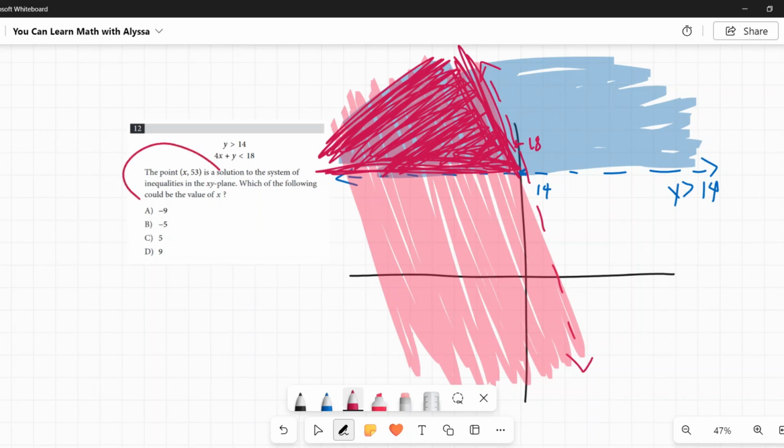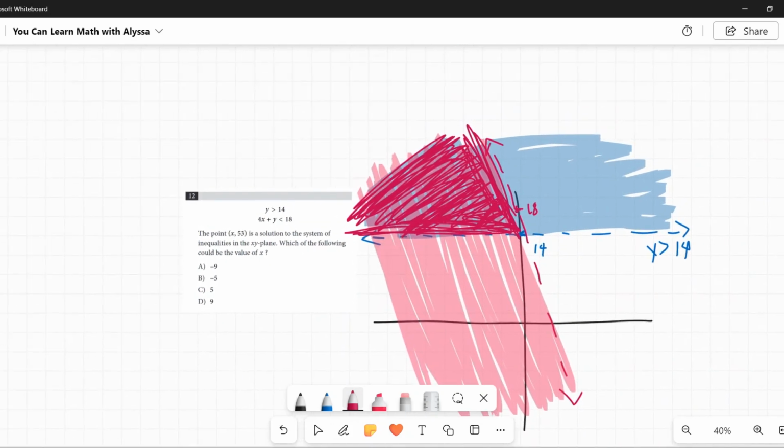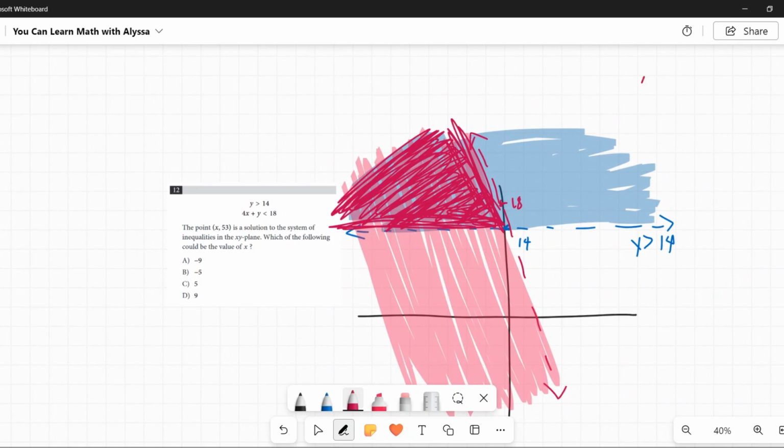So the question is, the point x, 53 is a solution to the system of equations. Which of the following could be the value of x? So you're going to zoom out and find where y is 53, because that's what you're looking for. X we don't know, and the y is 53.